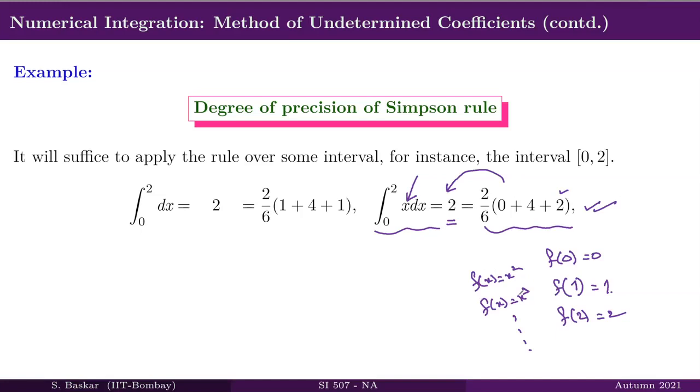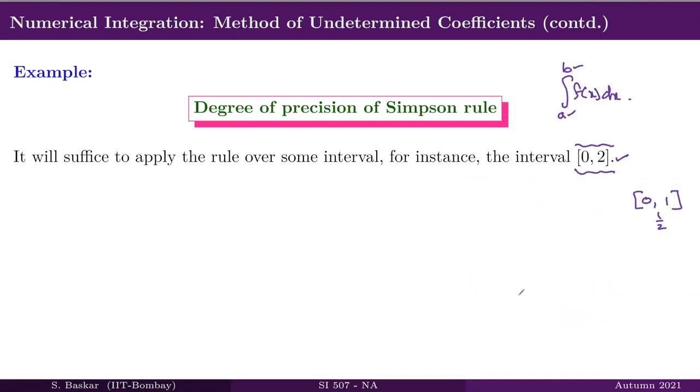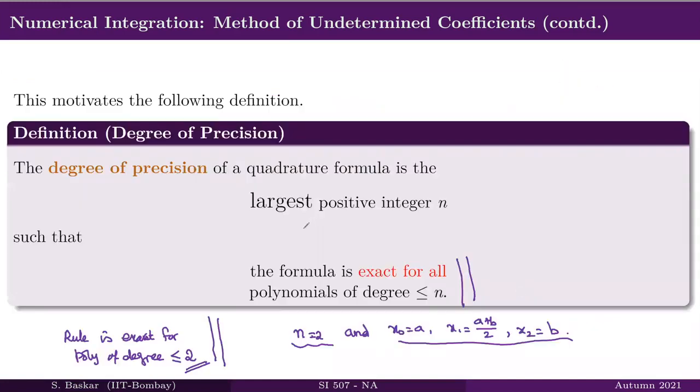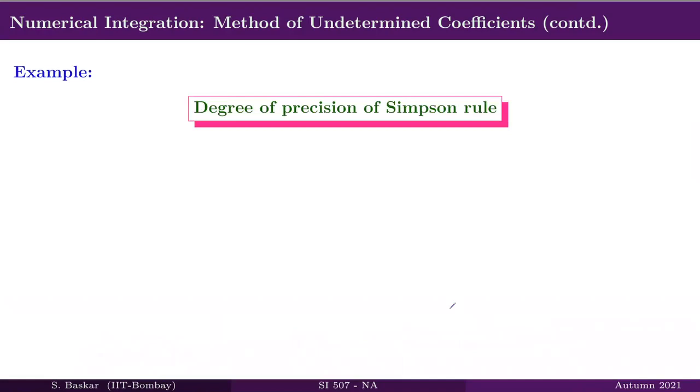Then you have to stop there, and the previous integer should be your degree of precision, because it is the largest positive integer such that the quadrature formula gives the exact value of the integral when the function f happens to be a polynomial of degree less than or equal to that n, right?